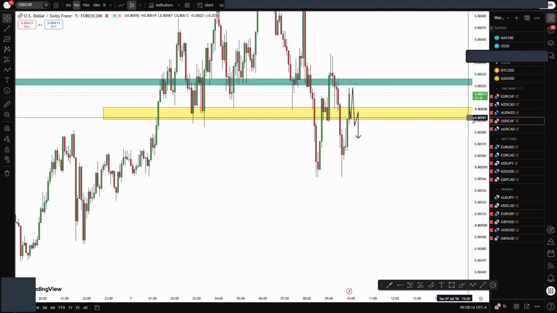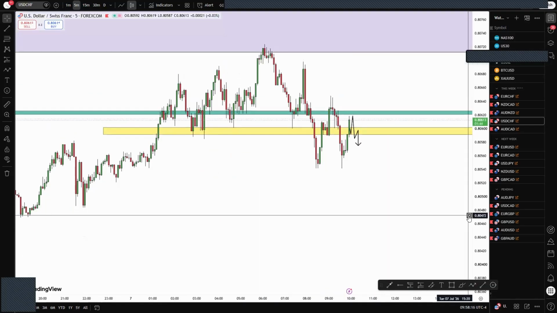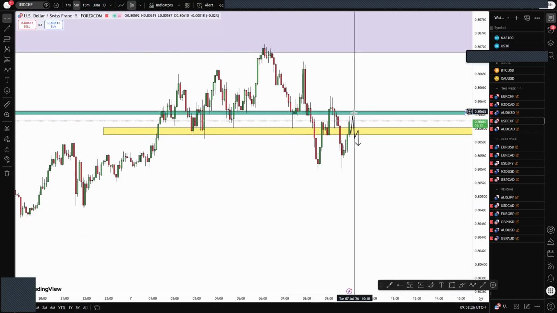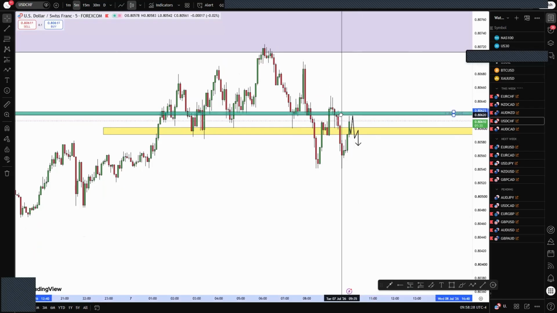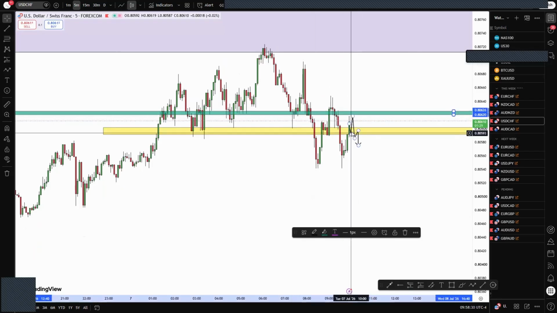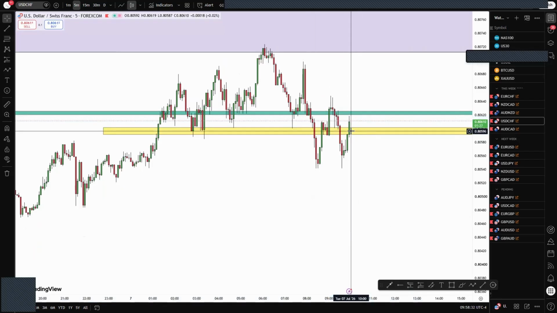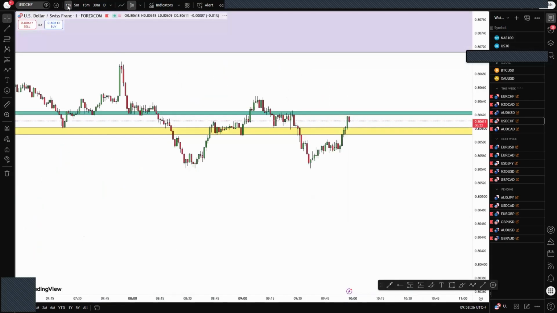Oh, no, no, no. Actually, the daily is bearish still, even when we're at this level. This is the level that led to the low. So yeah, price can come back here if it wants.